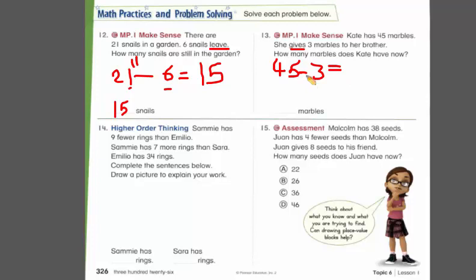Can I say 5 minus 3? Yes, 5 is greater than 3, so no need for regrouping. 5 minus 3 equals 2. Did I make any change in the 4? No, we didn't regroup, so 4 is the same. No change. No need to regroup because 5 here is greater than 3. So the answer is 42.